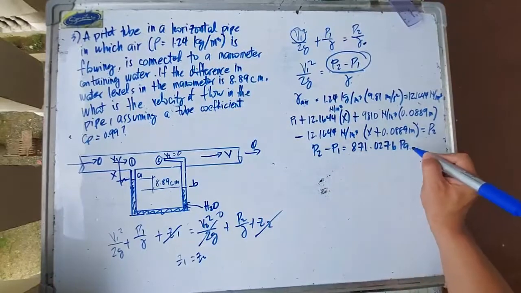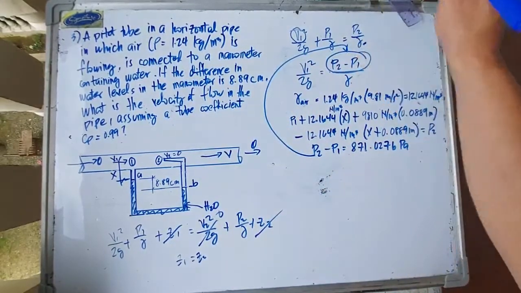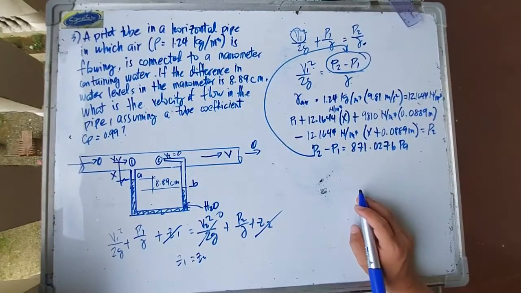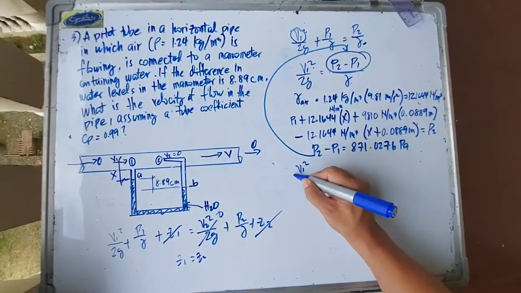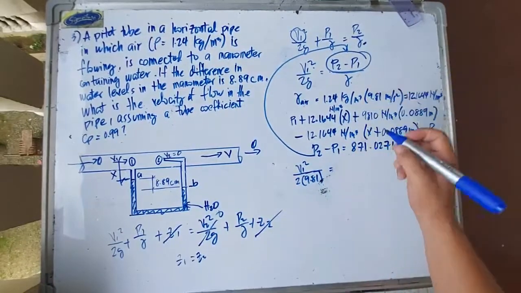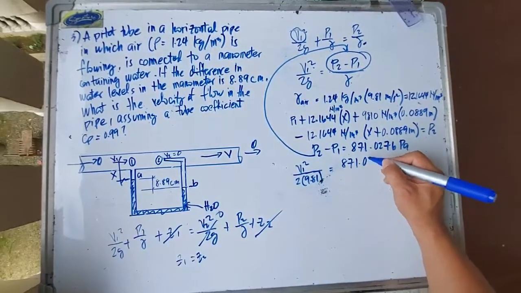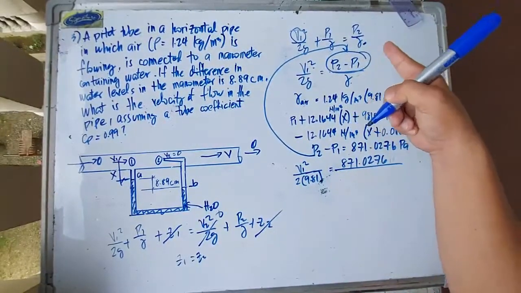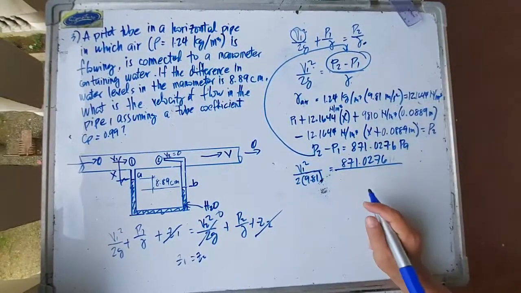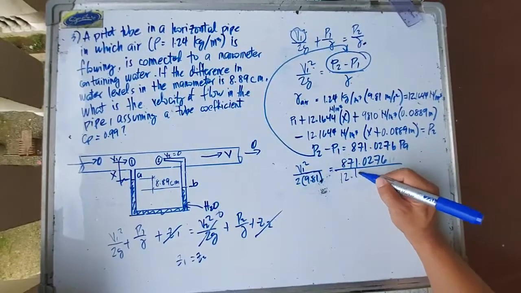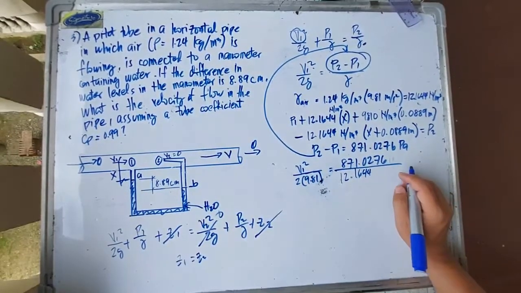Since we now know P2 minus P1, we can substitute the value into our first equation and solve for V1. So we have V1 squared over 2g, with g equal to 9.81, equals P2 minus P1, 871.0276 pascals, divided by gamma of air, which is 12.1644 newtons per cubic meter.